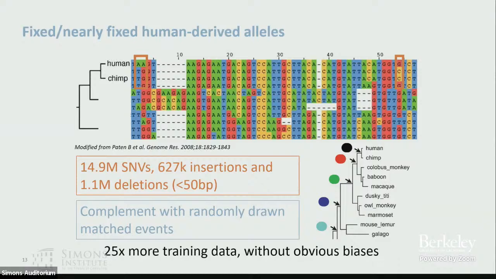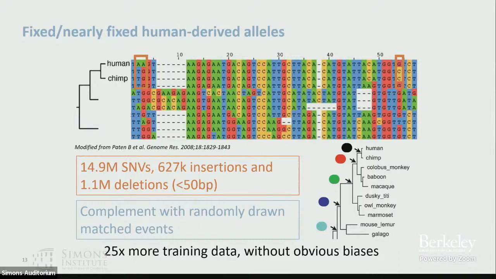So some of them might be functional, but we would assume a very small minority, and the vast majority is actually fixed by drift and has seen a lot of generations with purifying selection.